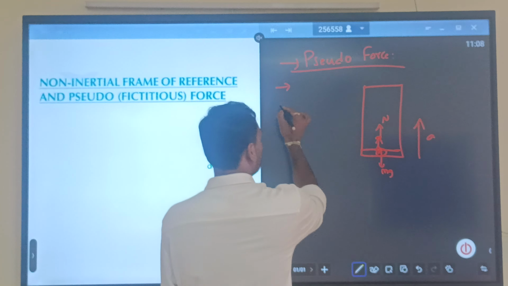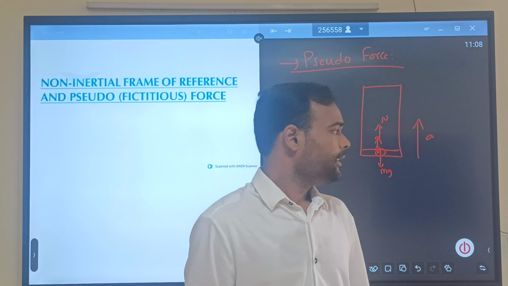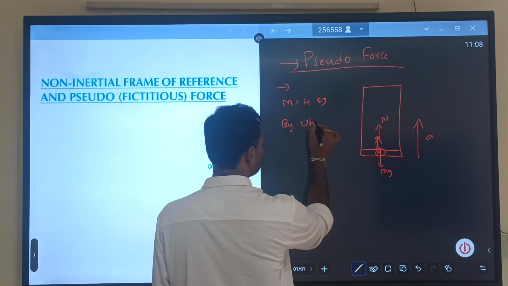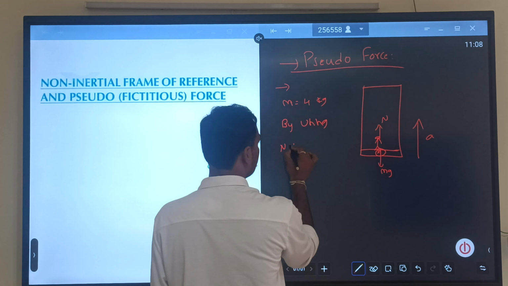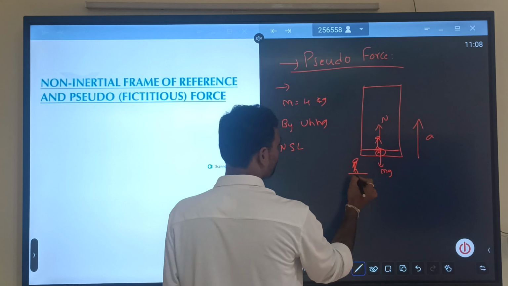Now let us see, m is equal to 4 kg. Here we can use Newton's second law for an observer on the ground.